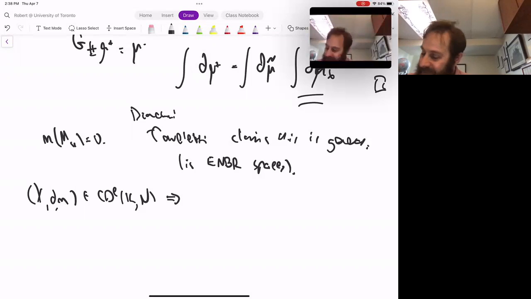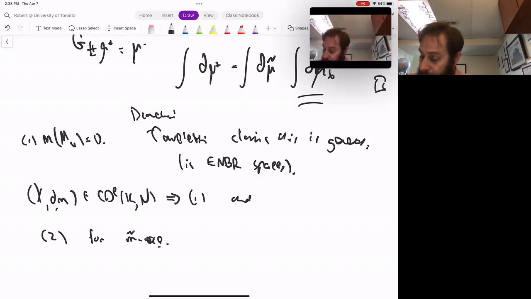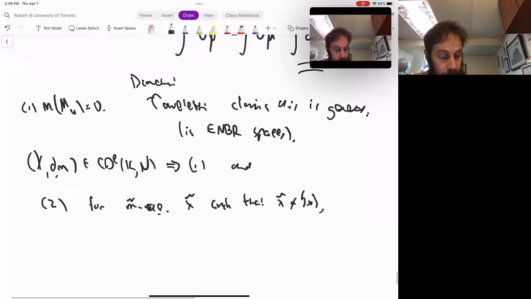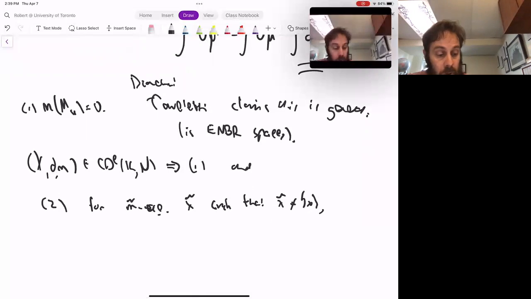It implies the one we just said, and it also implies that for m tilde almost every x, which is not a ray of length 0, the measure is again absolutely continuous with respect to H^1.